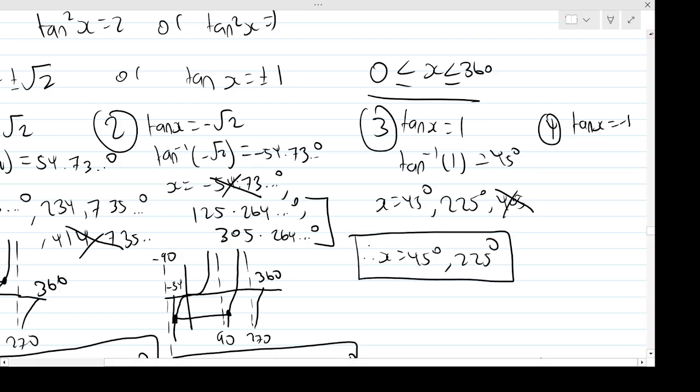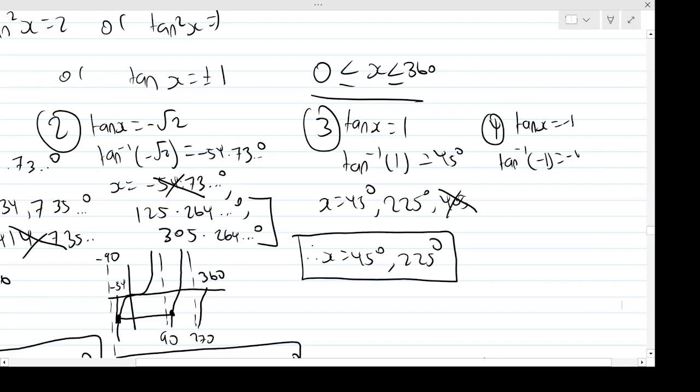And lastly, tan x is minus 1. If I did inverse tan of minus 1, I get minus 45. Need a bit more room. There we are. So tan inverse of minus 1 is minus 45.